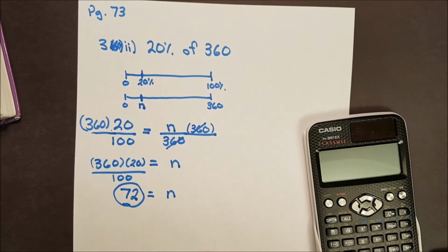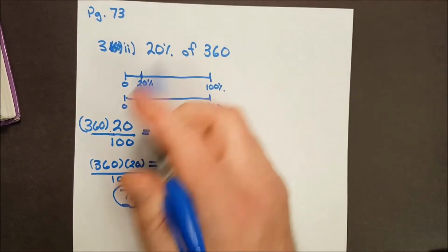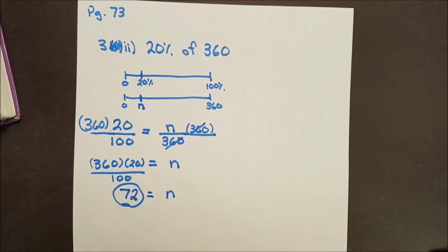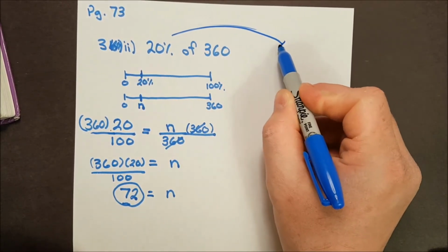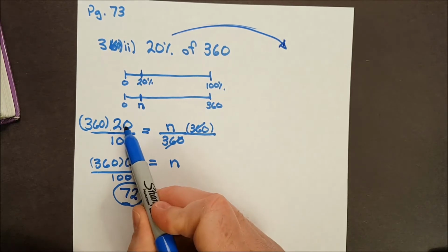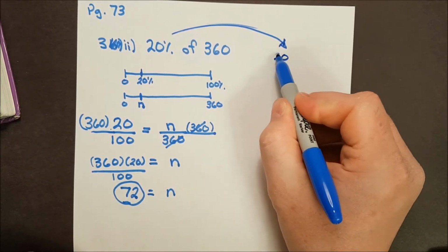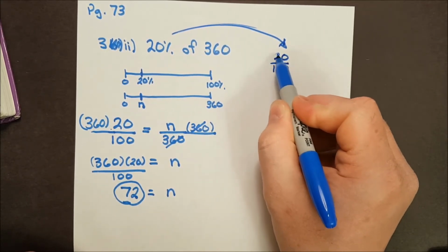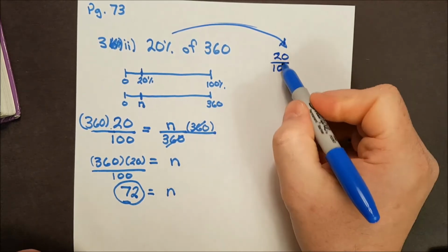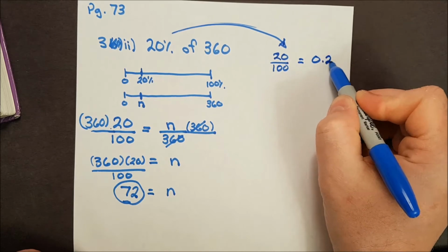Okay, we've been taking the long route to explicitly illustrate how we come to the value of n in this case. You'll start seeing a pattern here. In every instance, it's the value of the percent divided by 100. 20 divided by 100 is 0.2.